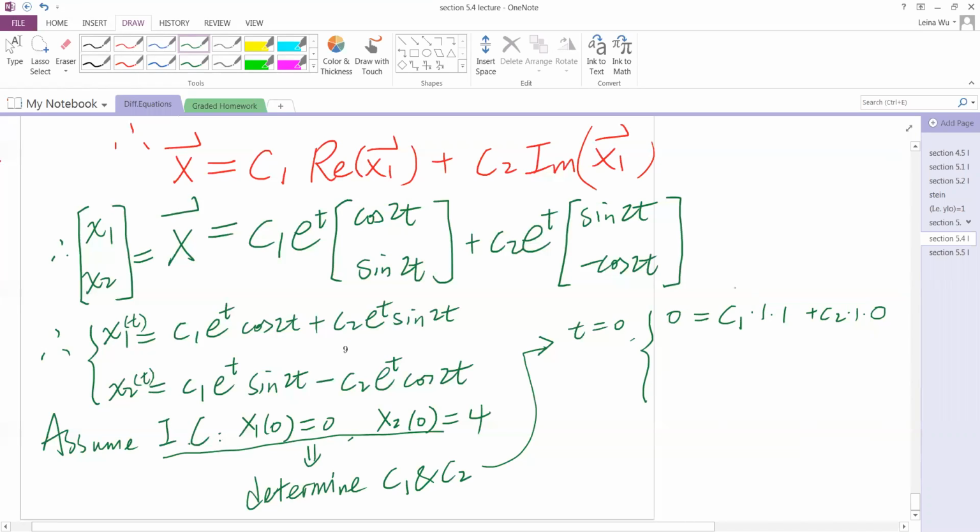Is that correct, guys? Yep. So C2 here, this part doesn't really matter, right? It just tells you C1 would be 0. Okay.